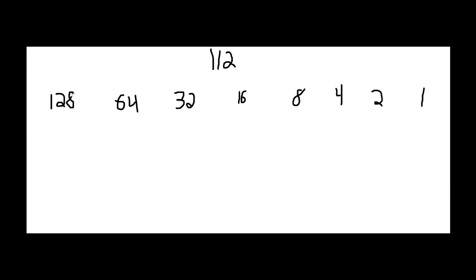You can go as high as you want, but the highest I've really heard of is 64-bit. Basically, you start off with 1, and then you times that by 2, and then times by 2, times by 2, and so on and so forth.